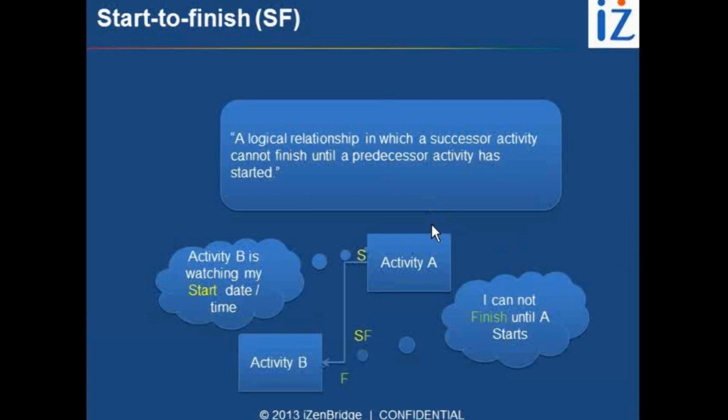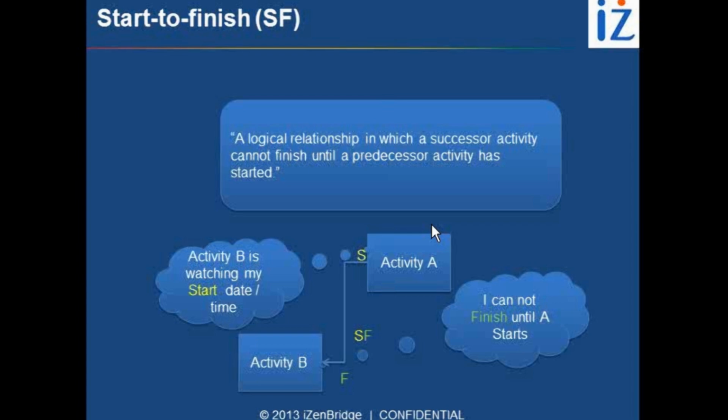So, start to finish is a type of relationship where the activity which is getting limited is already being performed. So I am already doing my thing and my finishing is constrained by somebody else.